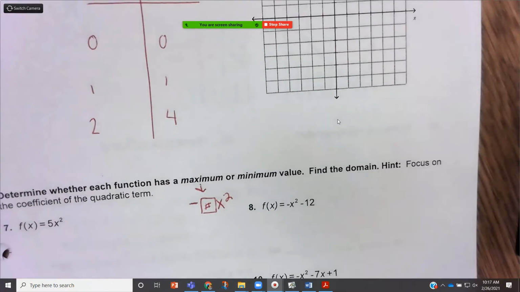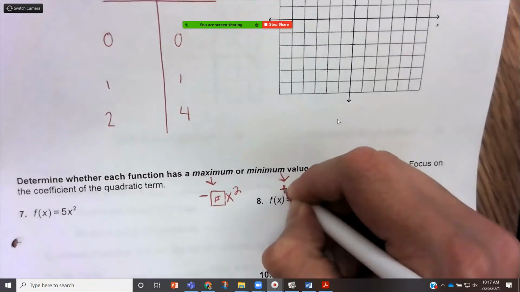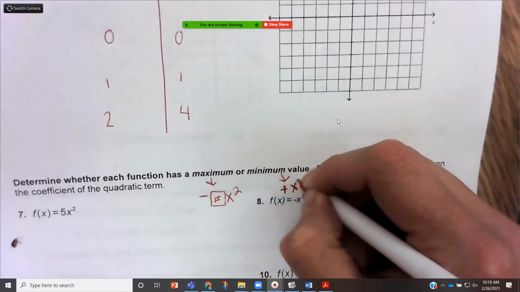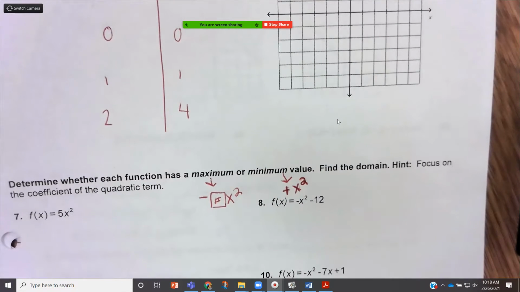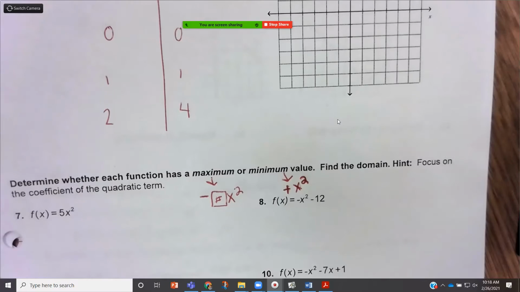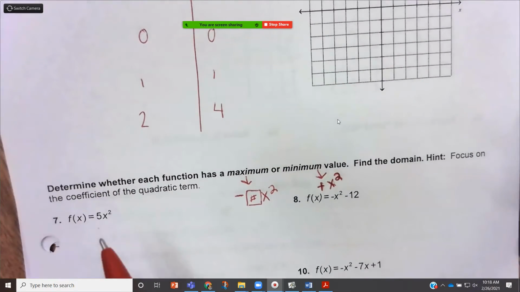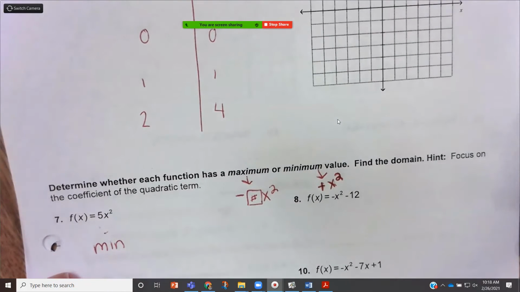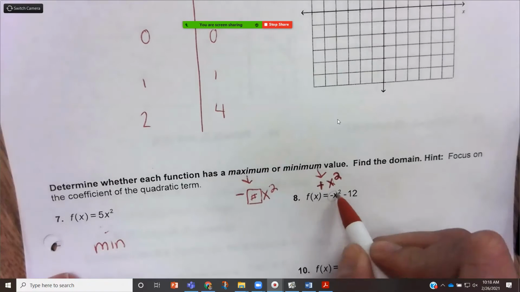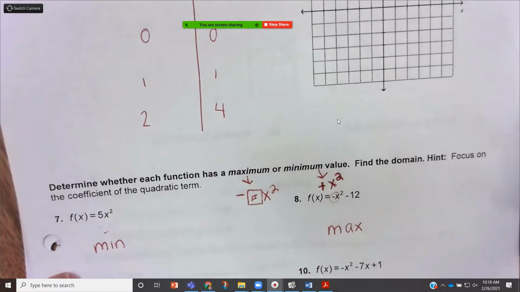But you have a max if it's a negative on the x squared, and you have a min if it's a positive being multiplied to your x squared. So like 7, a value is positive, therefore this has a min. Here, a value is negative, therefore this has a max.